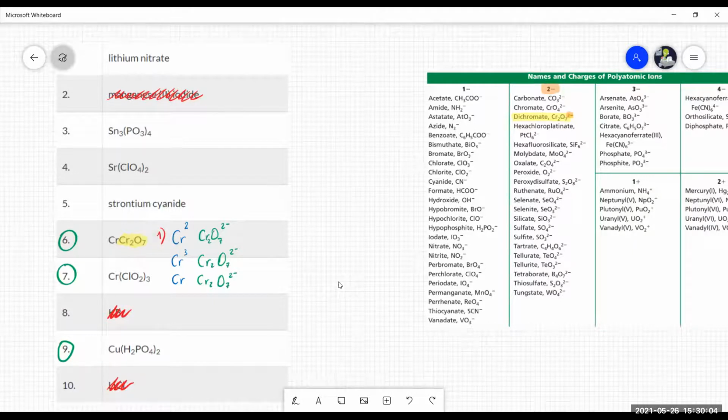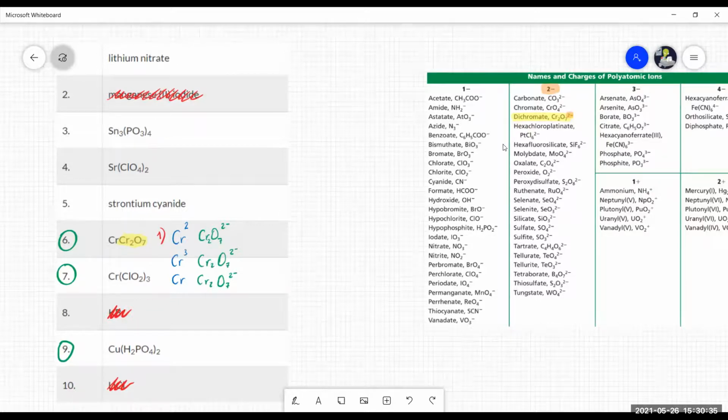What happens if I combine chromium 2 with the ion dichromate? What happened with the charges? Take a look at these charges. They are the same number, but they have different signs. The first one is positive and the other one is negative. When the two charges are the same but with different signs, they must cancel.